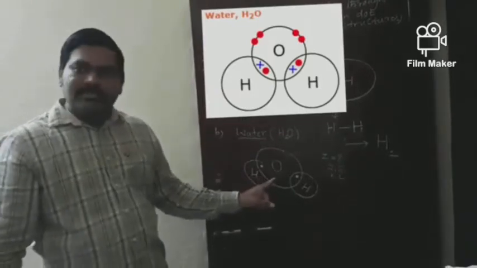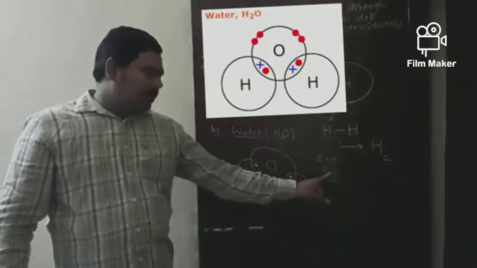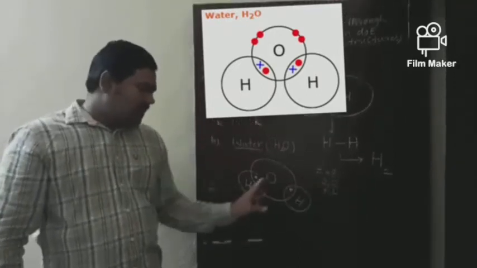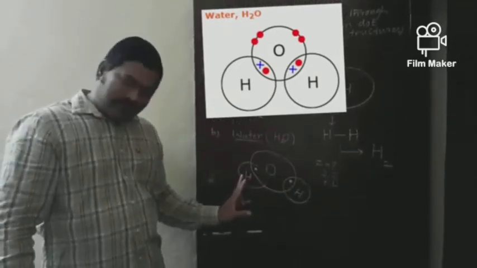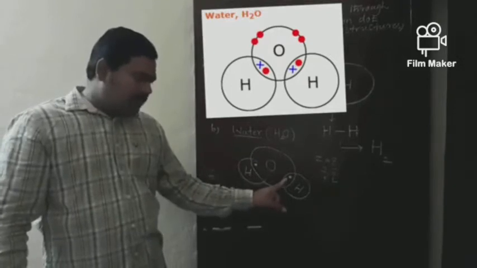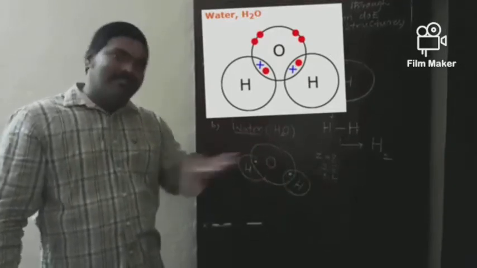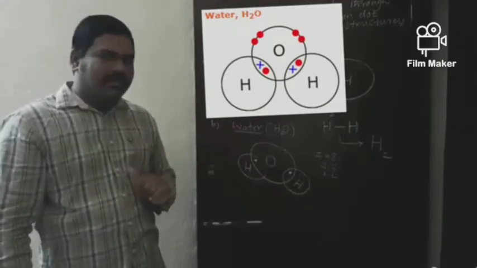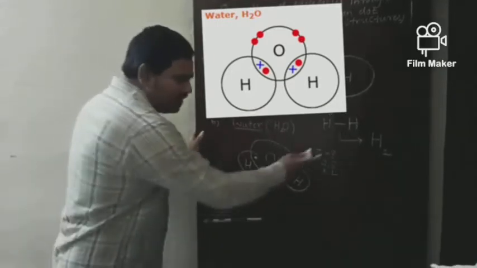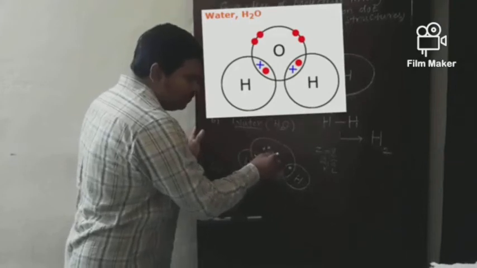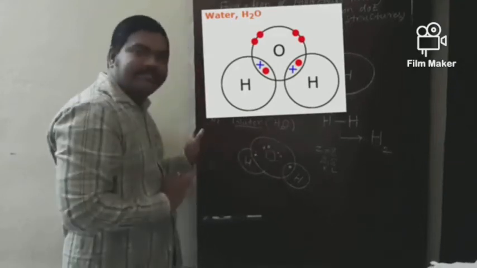You do understand about this one, dear students? Out of 6 valency electrons, the first electron is contributed to the first hydrogen and 1 electron is contributed to the second hydrogen. Still, how many electrons are left in oxygen? Still 4 more electrons are left which are not involved in bond formation.